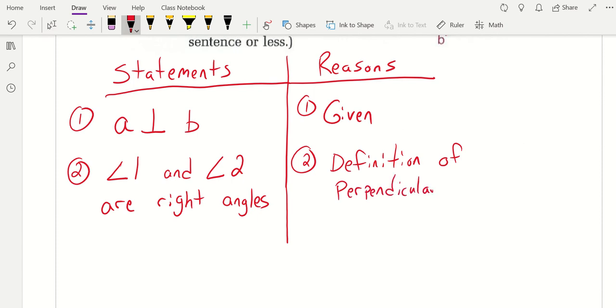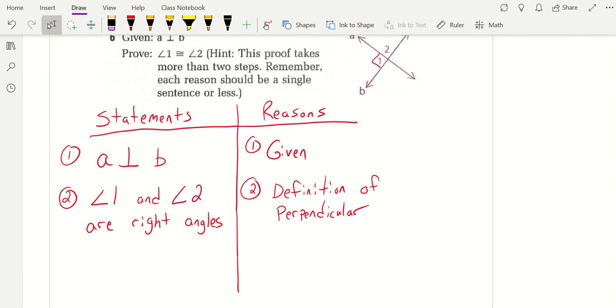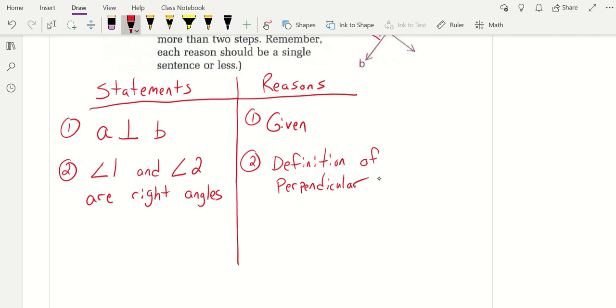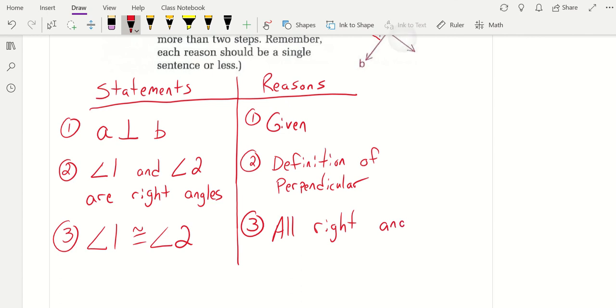What do you think we are able to go to next? Are we able to prove now that angle 1 is congruent to angle 2? We are, because if angle 1 and angle 2 are right angles, then angle 1 is congruent to angle 2. See if you can remember the reason. We've seen it before. All right angles are congruent.